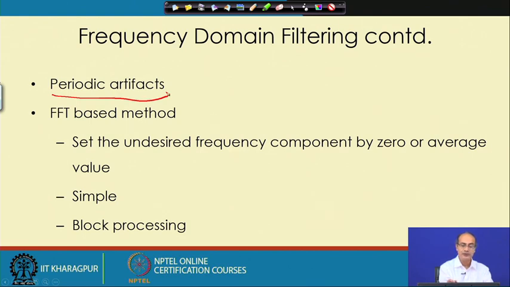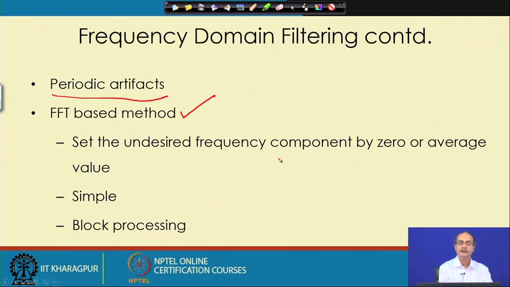The simplest way to do that is using the FFT based method. In the FFT based method, we take a block of signal and transform it to the frequency domain by taking the FFT.